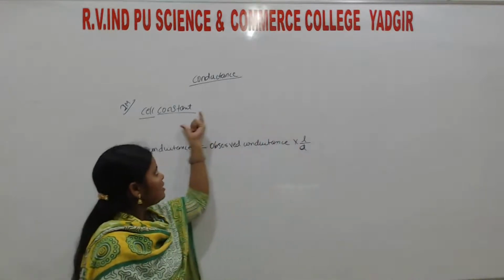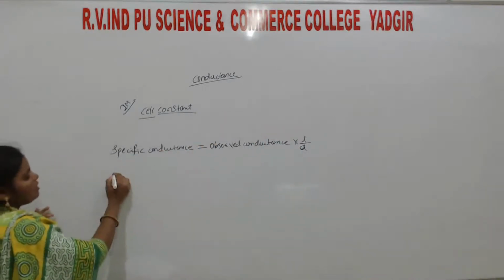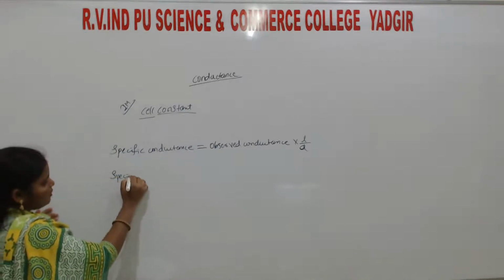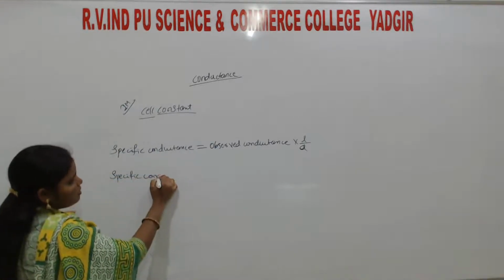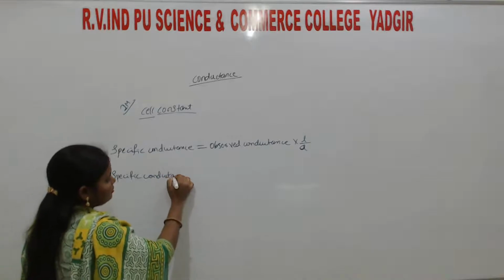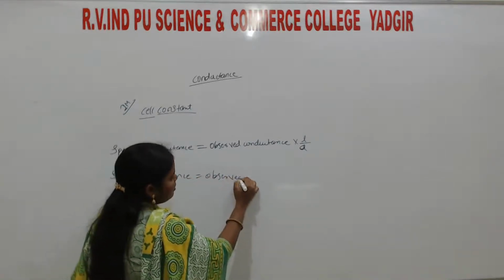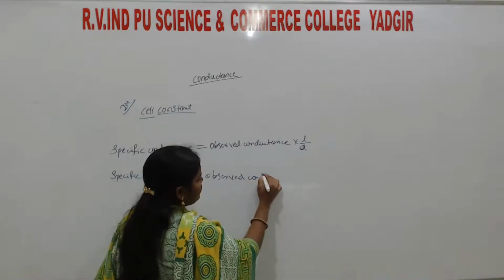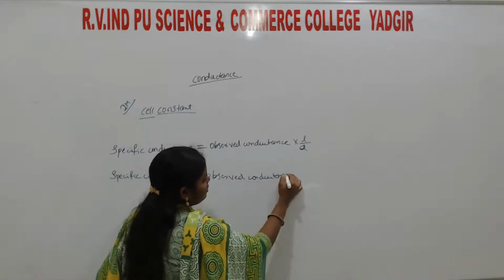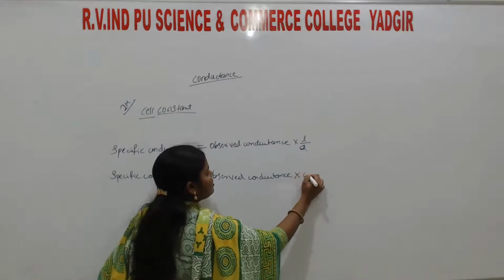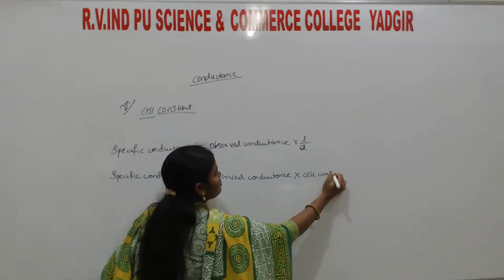Substitute the cell constant here. Specific conductance is equal to observed conductance multiplied by the cell constant.